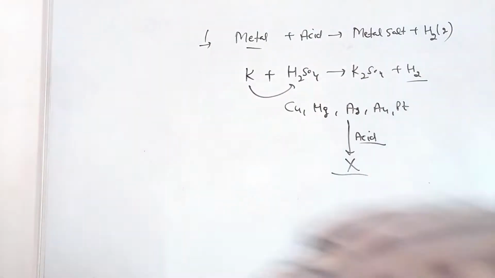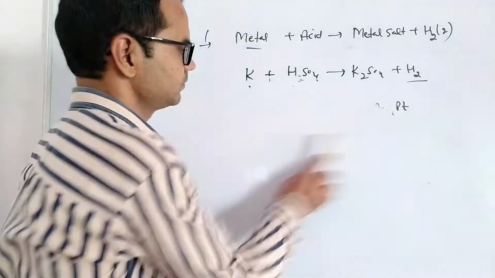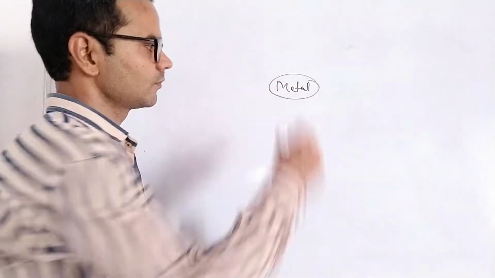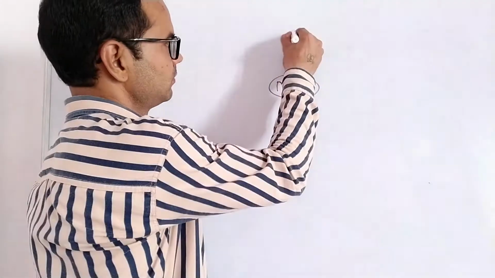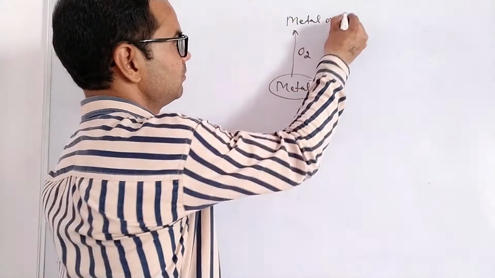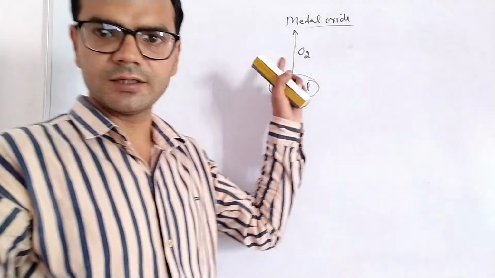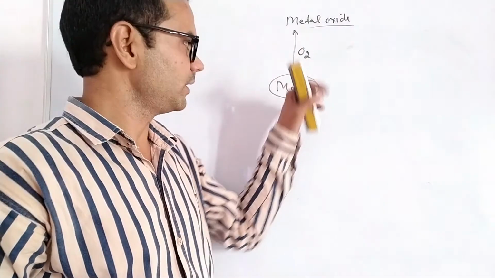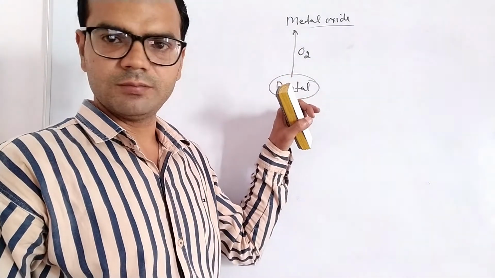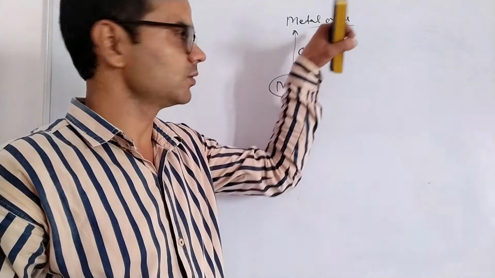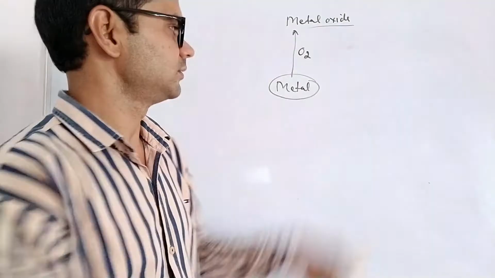Second, metals react with oxygen to give metal oxide. The reaction of metal with oxygen is also dependent on the reactivity of metals. Highly reactive metals react vigorously with oxygen to give metal oxide.